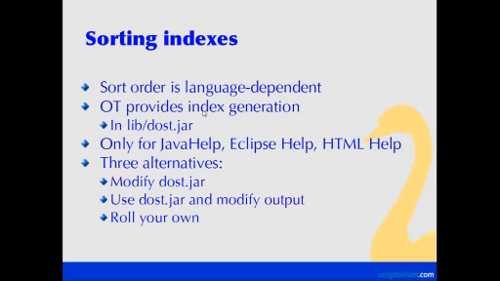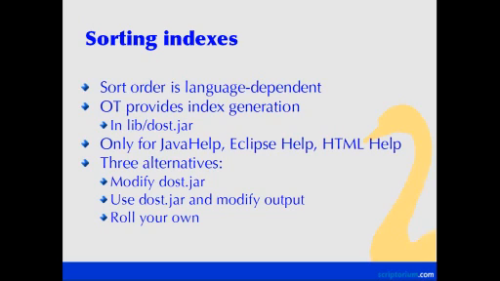So if you want to look at sorting indexes, you can go to one of those transformations in the DITA Open Toolkit and look at the Ant project file, and you can see how it's called through pipeline. Now, if you're adding your own transformation, you're going to have to figure out how to sort your indexes.